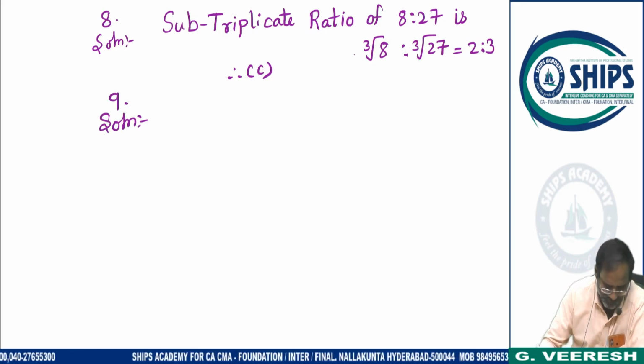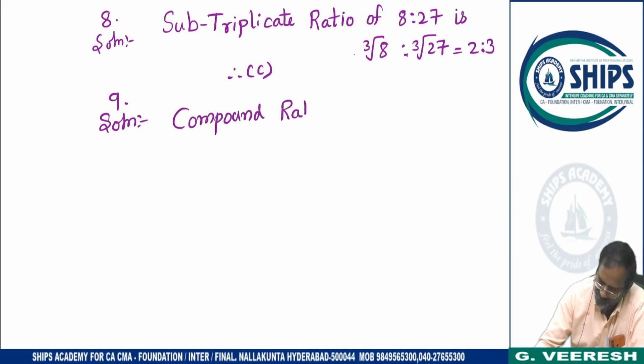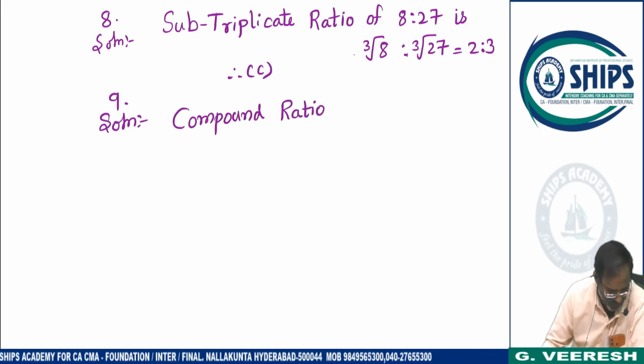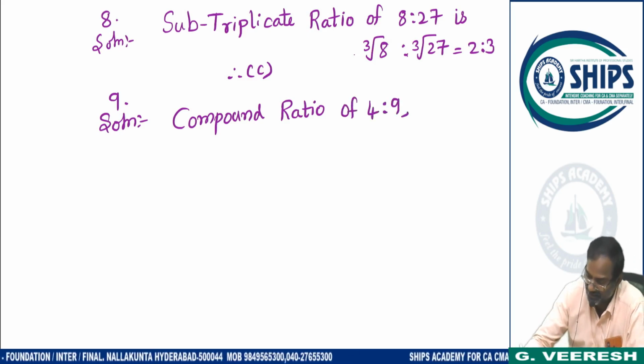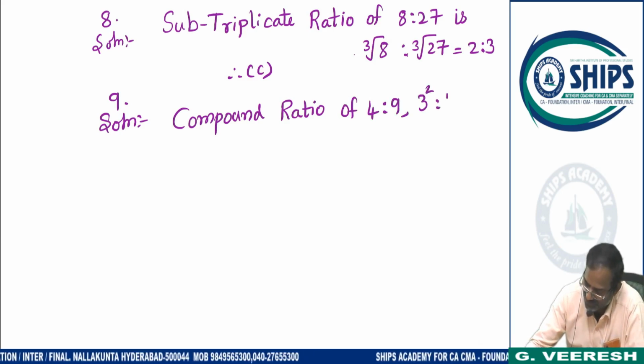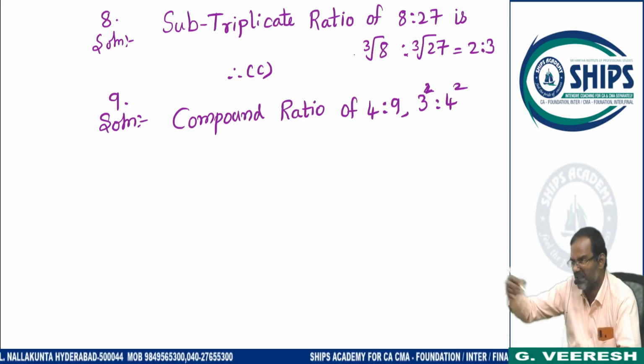So compound ratio of 4:9, and duplicate ratio means directly 3 square is to 4 square you have to take. No need to write duplicate ratio again and combine.